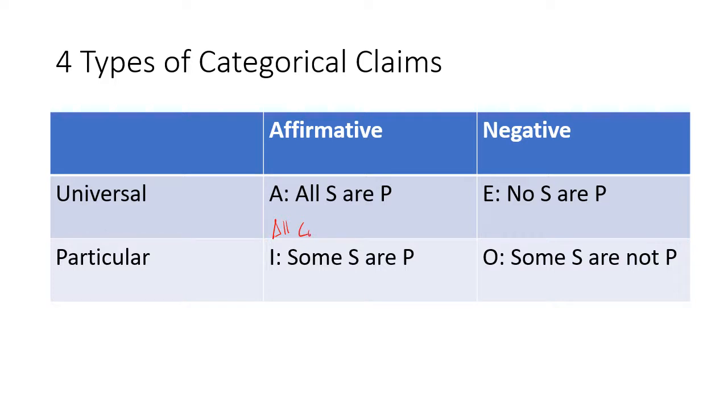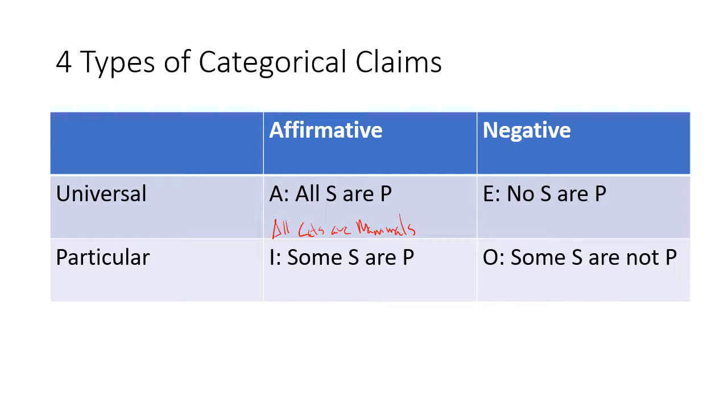It's saying that everything that is a cat, that's the universal part, is a member of the mammals category. So everything that is a cat is also a mammal.